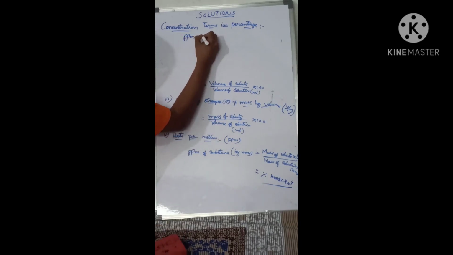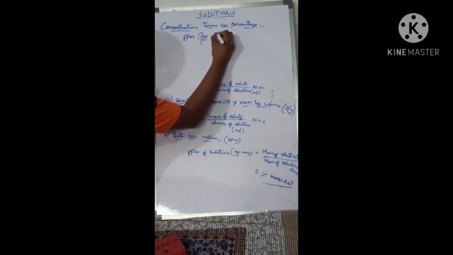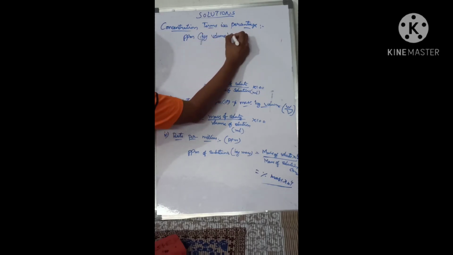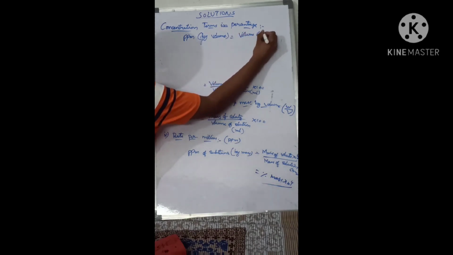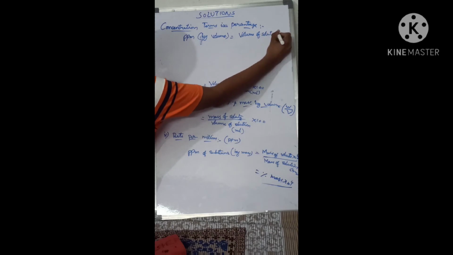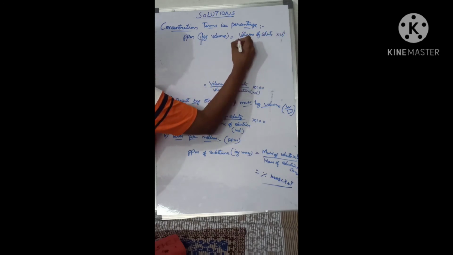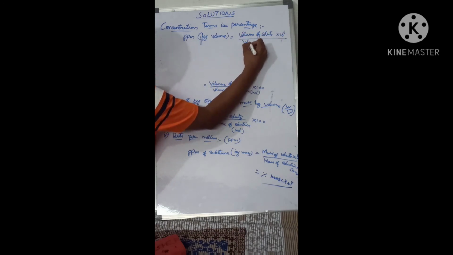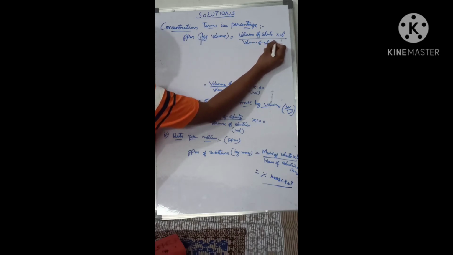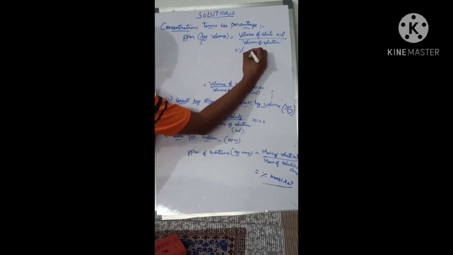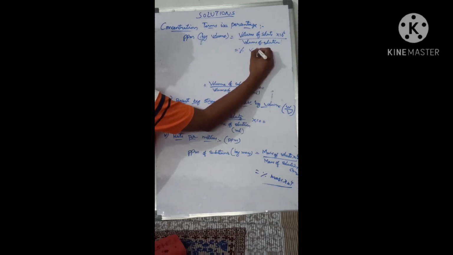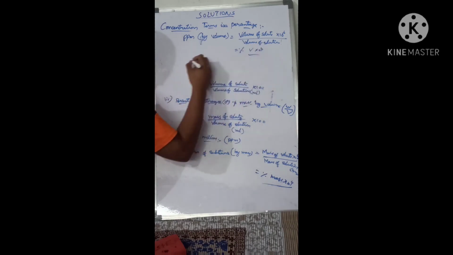Next, ppm, parts per million, by volume is equal to volume of solute into 10 power 6 by volume of solution. We can write it like this: percentage by volume into 10 power 4.